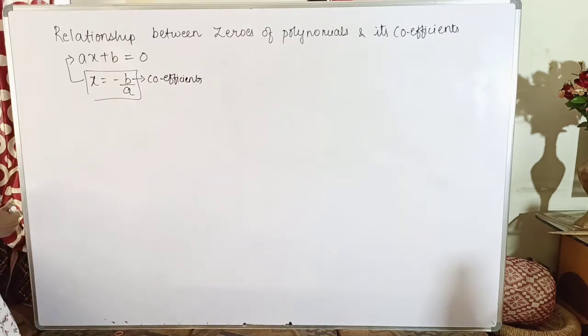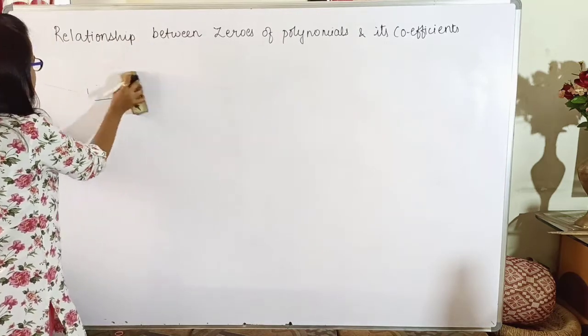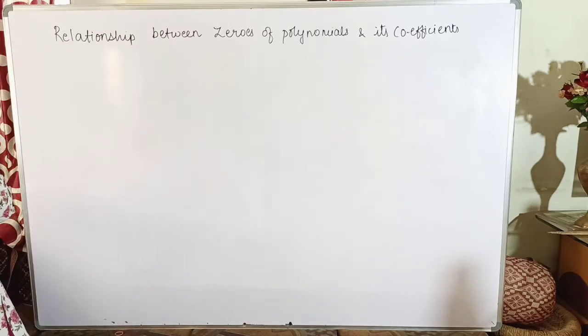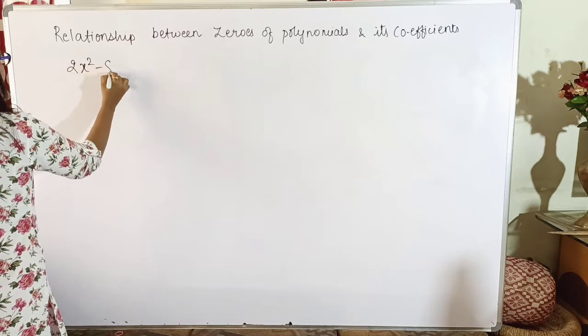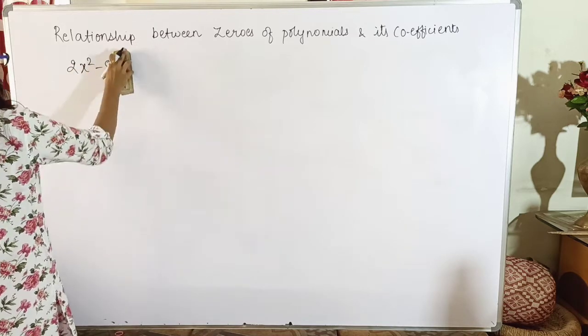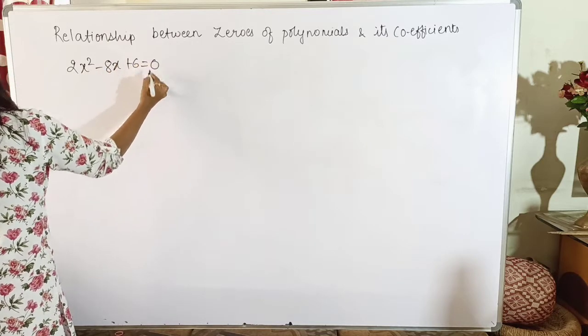Similarly, is there any relation between the zeros and the coefficients of a quadratic polynomial also? Let us see. Suppose I take one example as 2x square minus 8x plus 6 equal to 0.